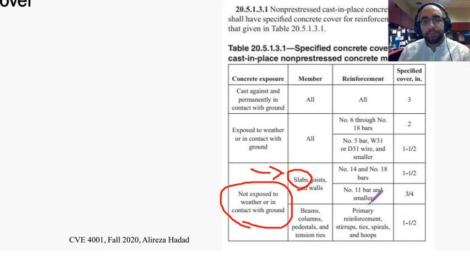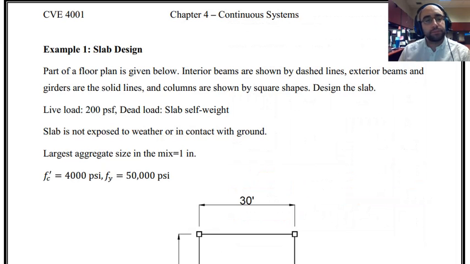But commonly for the regular slabs, we are using small bars, and this will be the situation. So the amount of cover that I need to provide in the bottom of the section is equal to 3/4 inches.